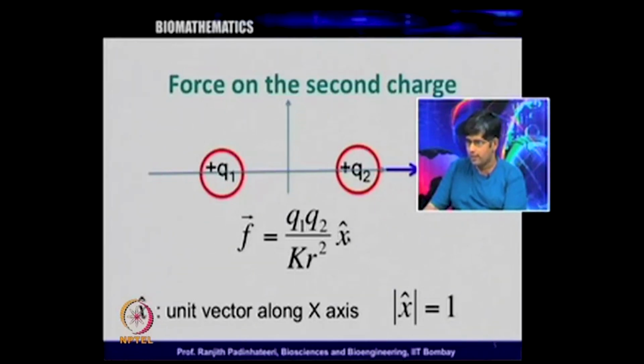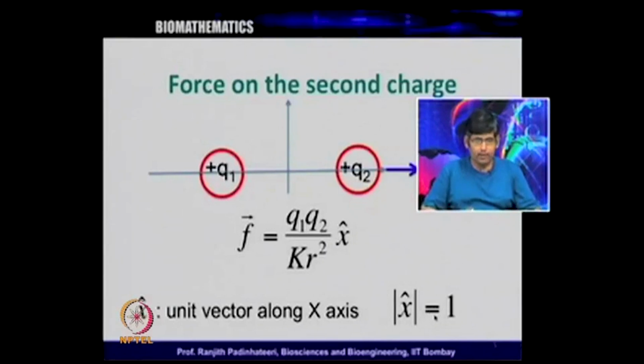That's what this means. So x hat is a unit vector along the x-axis. If I write this symbol, it means the direction is along the x-axis and the magnitude is just 1. That's what it means.